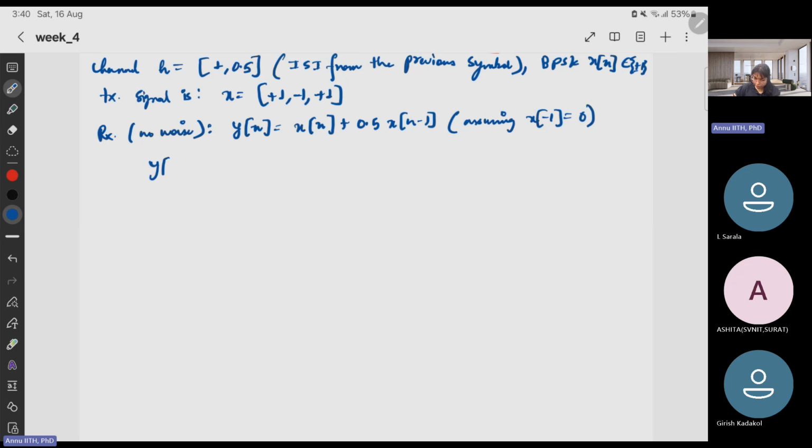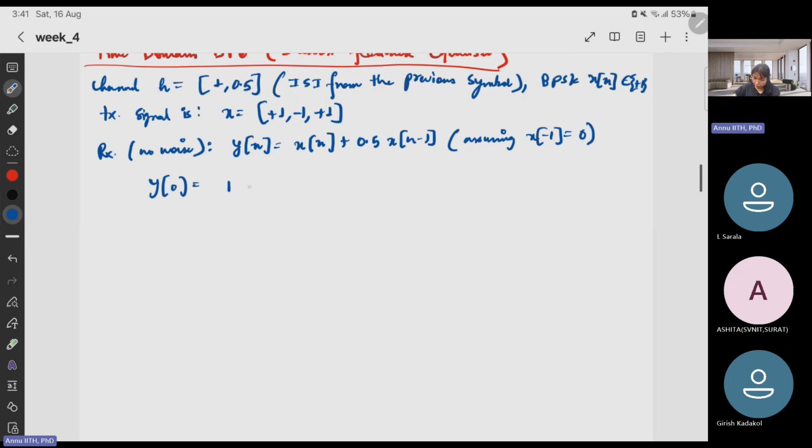Let us say Y of 0 is, since it is 1, 1 plus 0.5 into 0, because X of minus 1 is 0, so it is 1.